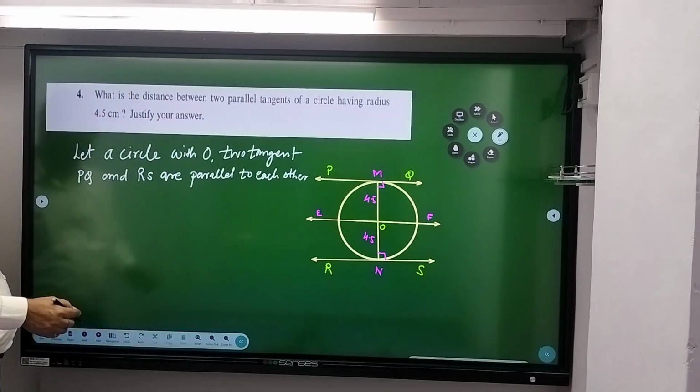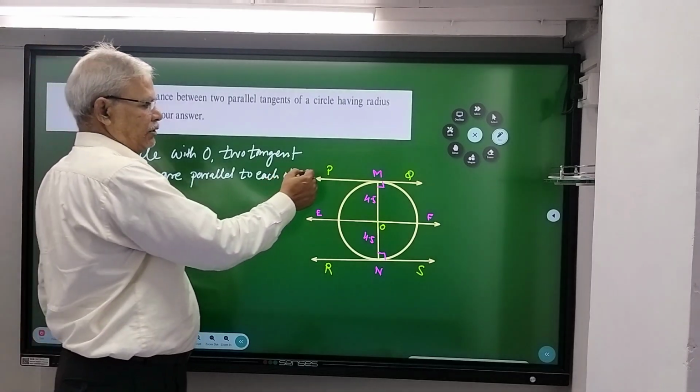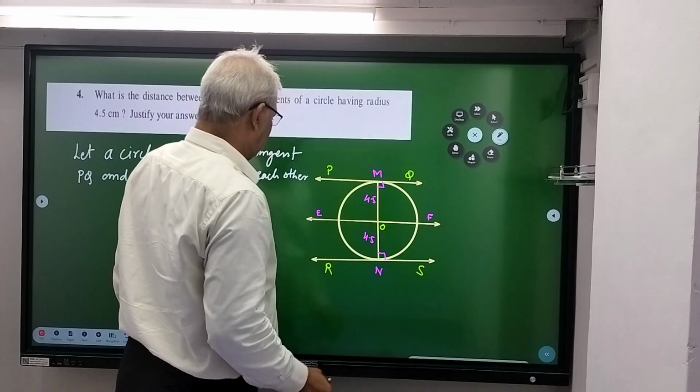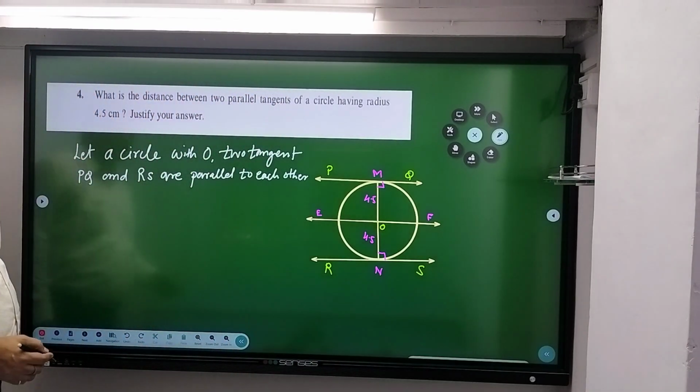Okay? Here PQ and RS are parallel to each other.